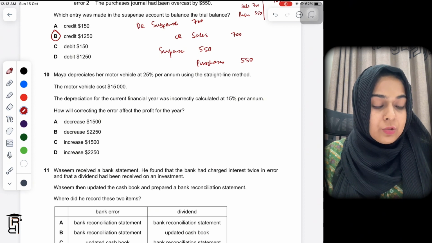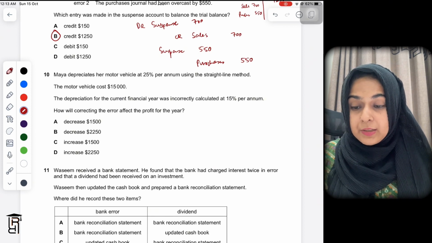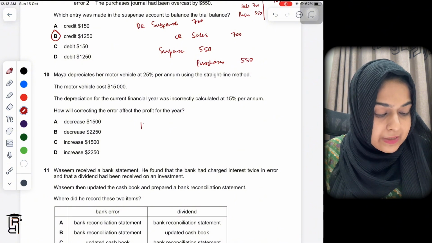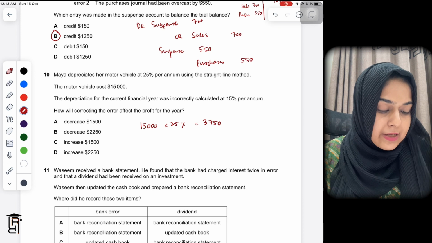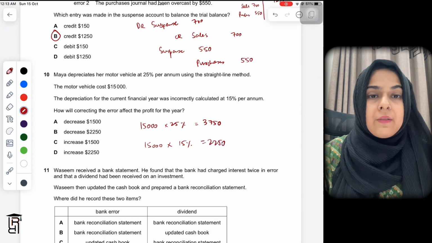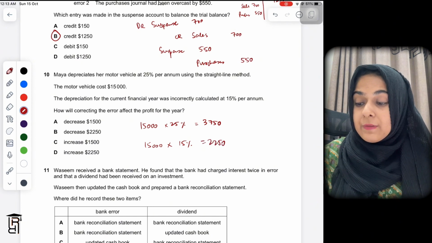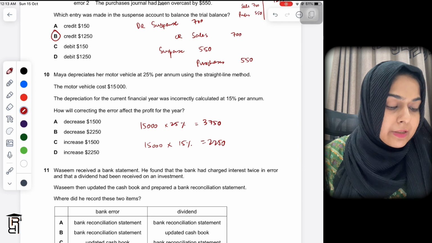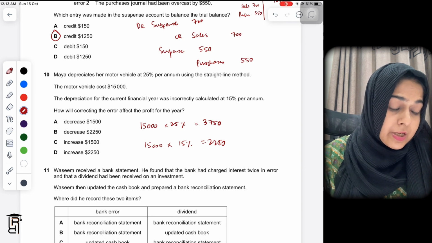So we had to record depreciation of 15,000 multiplied by 25%, which gives us 3750, and we had actually recorded 15,000 multiplied by 15%, which gives us 2250, which means we have understated the expenses by 1500.